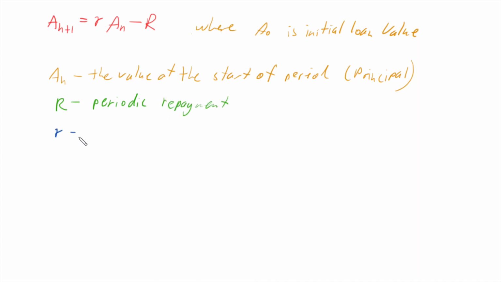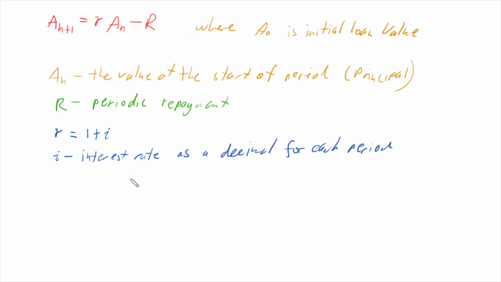Little r is actually given by the rule 1 plus I, where I is the interest rate as a decimal for each period. So usually the interest rates are quoted as annual, but then you have to work it out for each period.